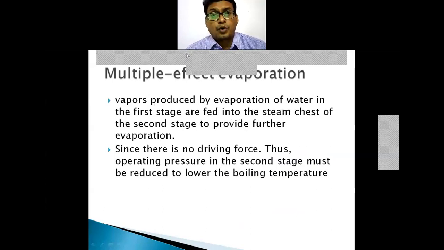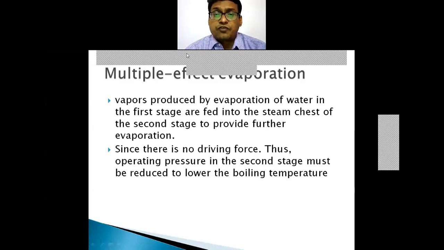The vapors produced by evaporation in the first stage are used as the heating media for the second stage evaporator. Since there is no driving force, the operating pressure in the second stage must be reduced to lower the boiling temperature.